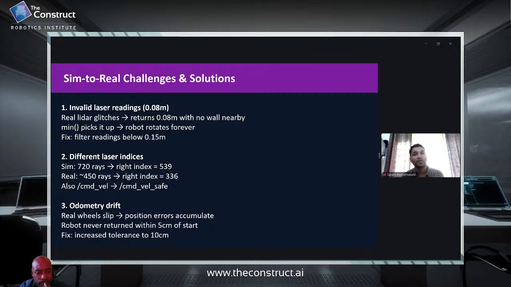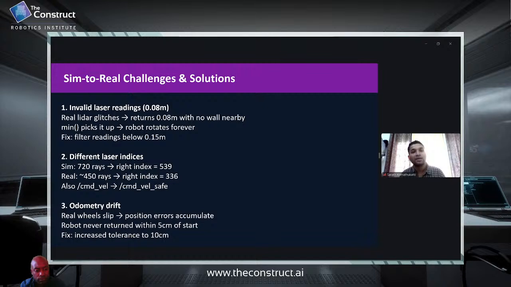I also found that the laser indices were different for the real and the simulation robot. For the simulation, it was found to be 720 rays. I found it by using the echo command in ROS2. I got the minimum angle, the maximum angle, and the angle increment. Then I subtracted the minimum angle from the maximum angle and divided by the increment, and found the total number of rays to be 720 and 450 for the simulation and real robot respectively.